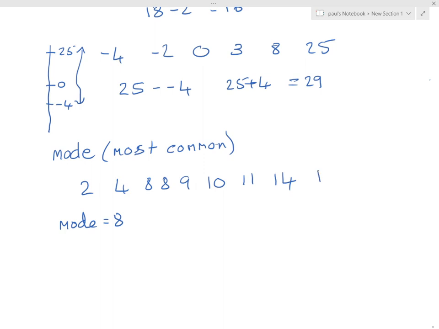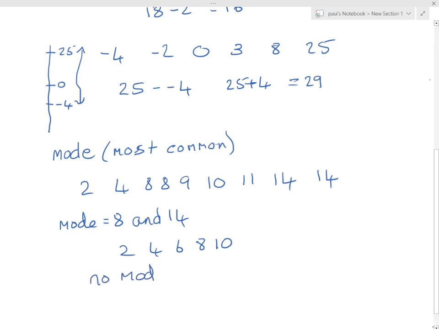If I stick another 14 on there, then the new mode would be 8 and 14 because they both appear twice, where the other numbers appear once. If you have 2, 4, 6, 8, 10, you could say that there is no mode because everything appears the same number of times.